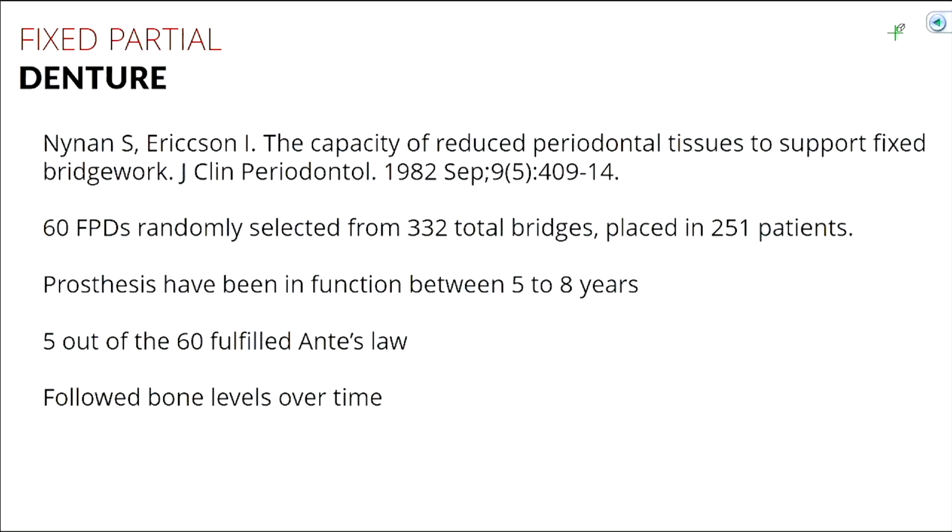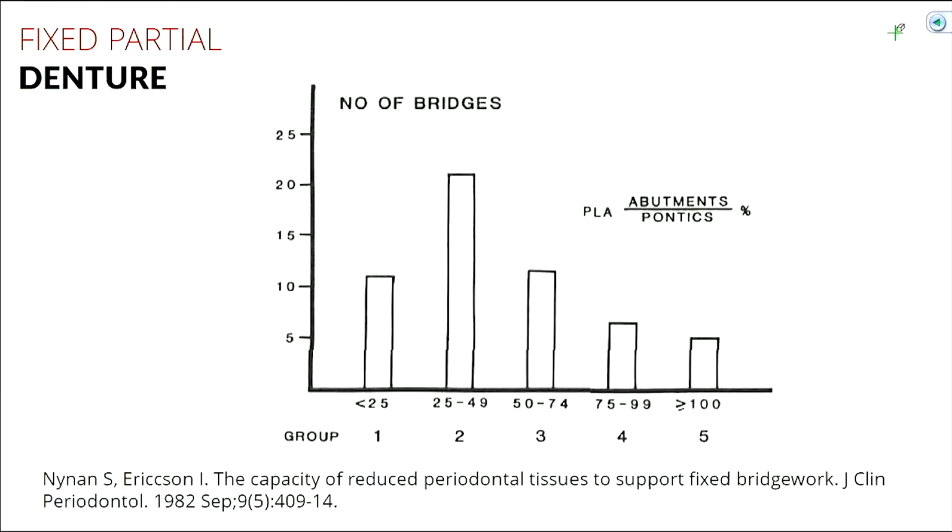So here's a Scandinavian study. 60 fixed partial dentures were randomly selected, and then they looked at the function somewhere between 5 to 8 years after placement. And they did the math, and they found that only 5 out of the 60 fulfilled Ante's law. And they followed these restorations over time. Right?